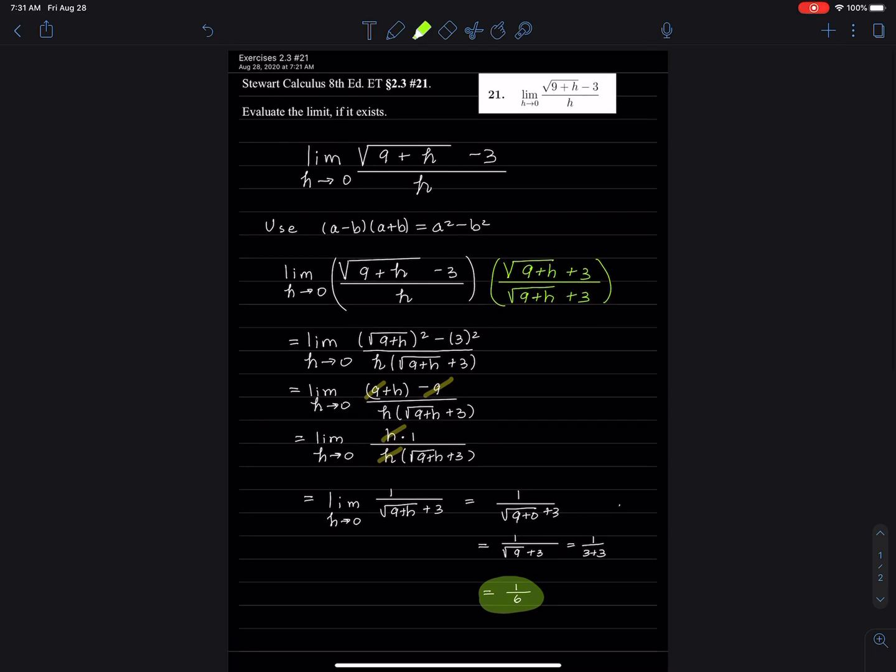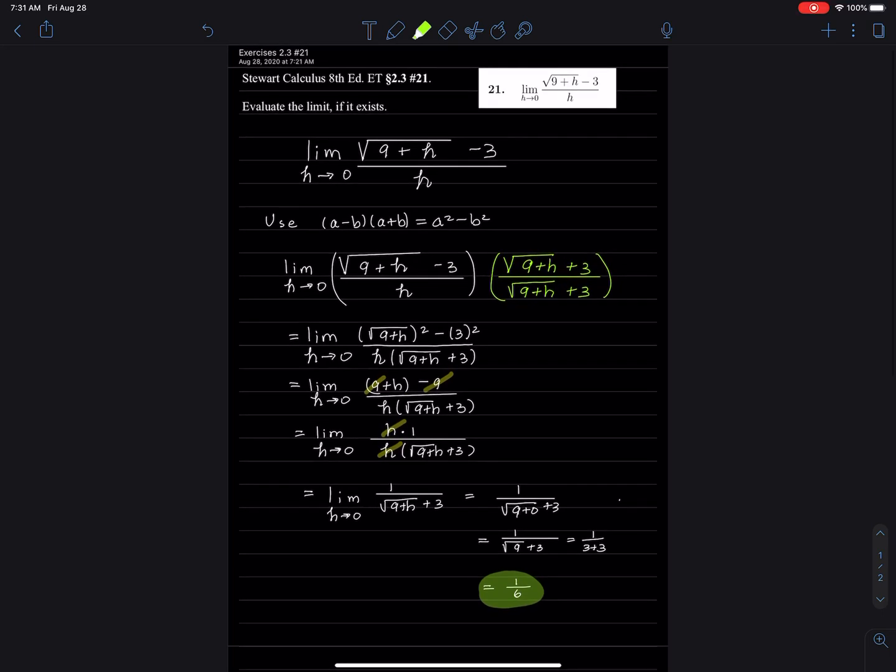So that's the whole thing all in one screen. And let's see, this is from section 2.3, number 21, Stewart Calculus, 8th edition, early transcendental. All right, that's all.